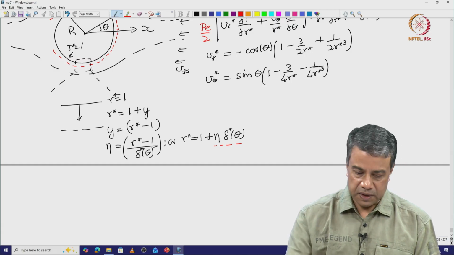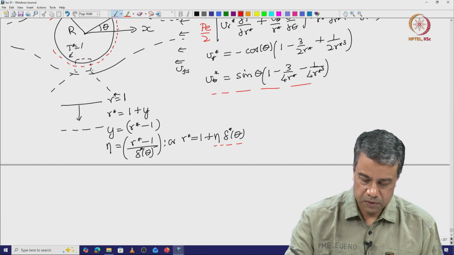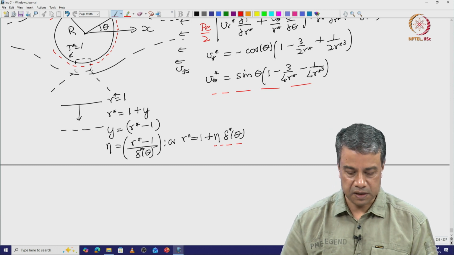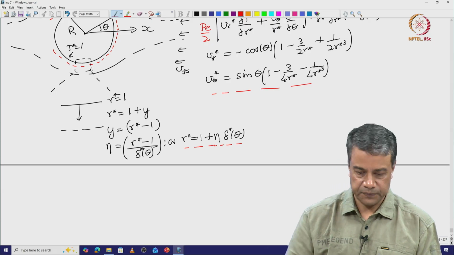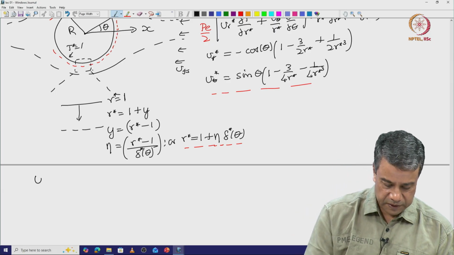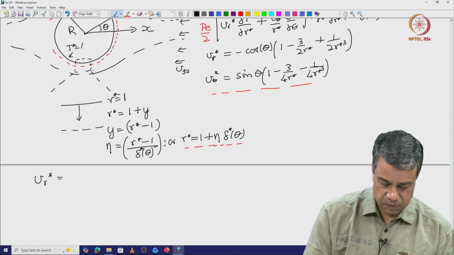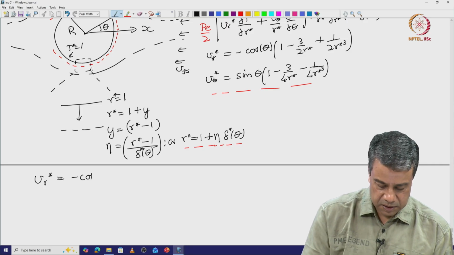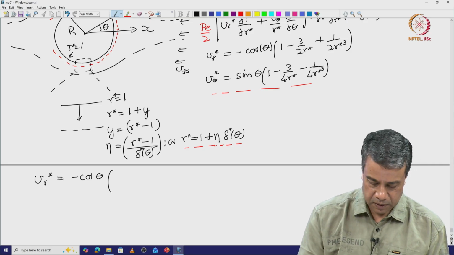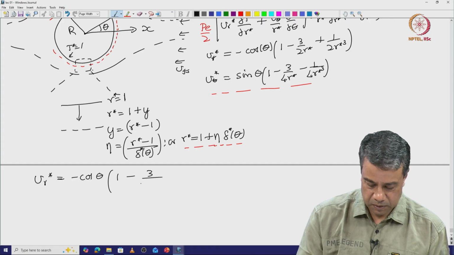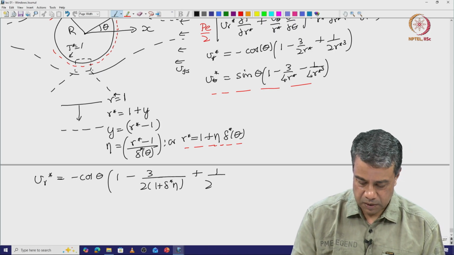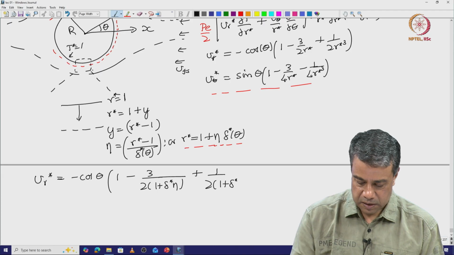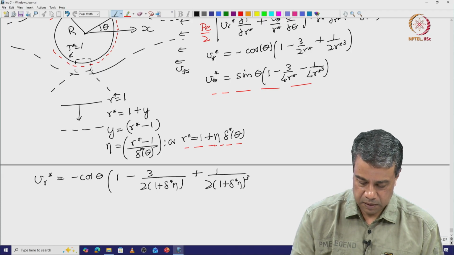So, rather than work with these velocities, what we can do is define scaled velocities in terms of this substitution for r star in terms of eta. So, V r star is equal to minus cos theta into 1 minus 3 by 2 into 1 plus delta star eta, plus 1 by 2 into 1 plus delta star eta the whole cubed.